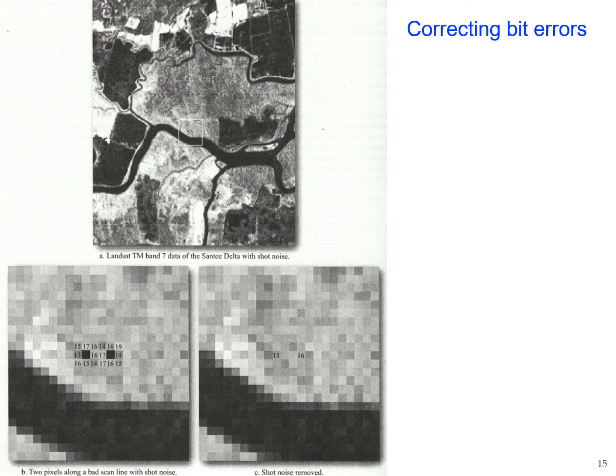At the top is a large image with bit errors, and toward the bottom are 2 subsets. In this case these are dark values, and on the right they've been replaced with the average of the values in the adjacent area.